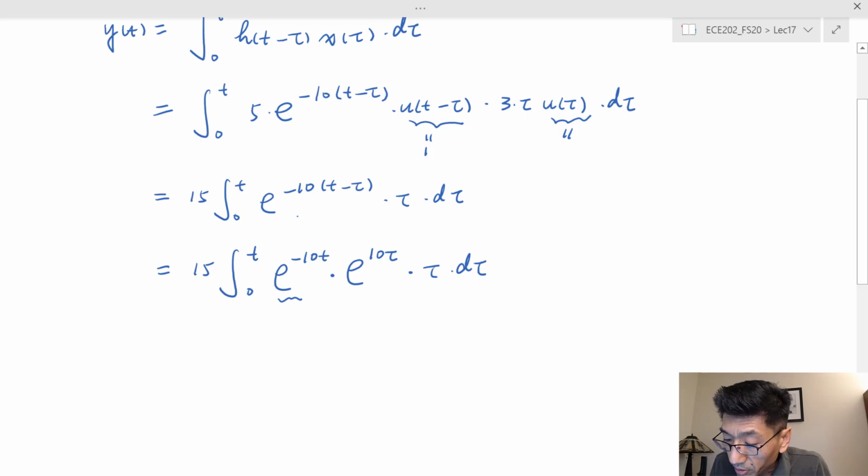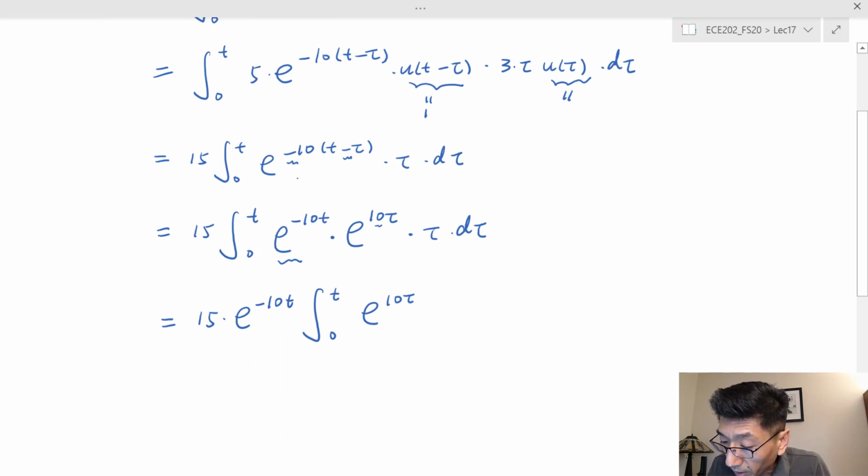So we can move this term outside because it has nothing to do with tau. Therefore I have 15 times e to the minus 10t moving outside, and so we have e to the 10 tau, and this is positive because I had a negative sign here and a negative sign in front of tau, right? So 2 negatives become positive, times tau d tau.